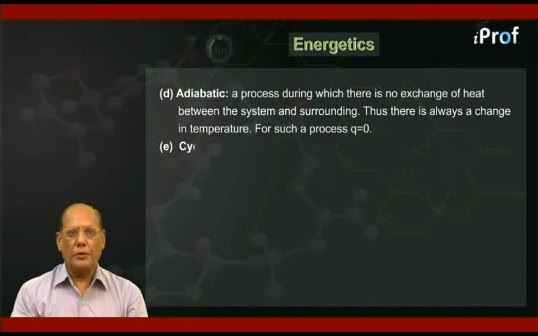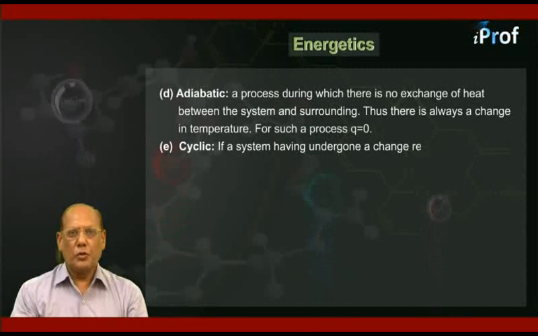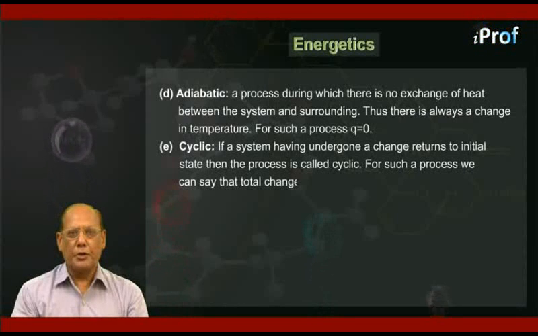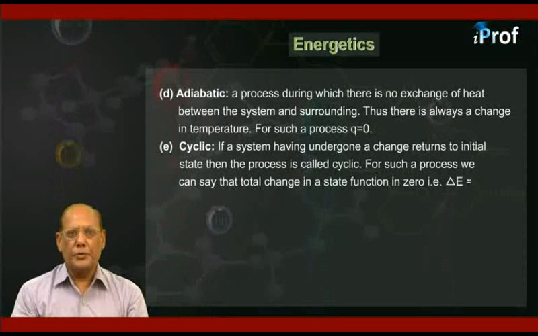E. Cyclic, if a system having undergone a change returns to initial state, then the process is called cyclic. For such a process, we can say that total change in a state function is 0. That is, delta E is equal to 0.